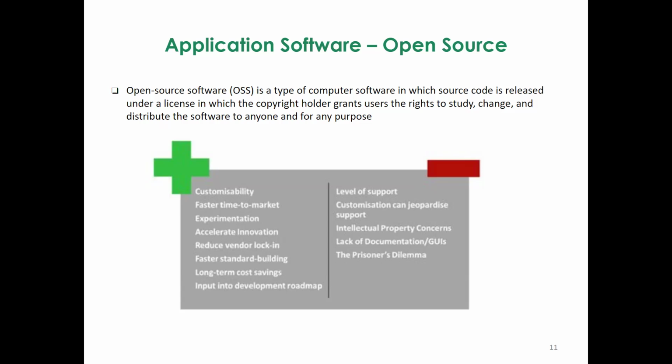The other one is free, meaning savings. That's an obvious benefit, you save money. Open source also saves time. When you go commercial, the code will have to be developed from the beginning and all the processes will have to be undergone, while in open source, we just take the code and edit it.